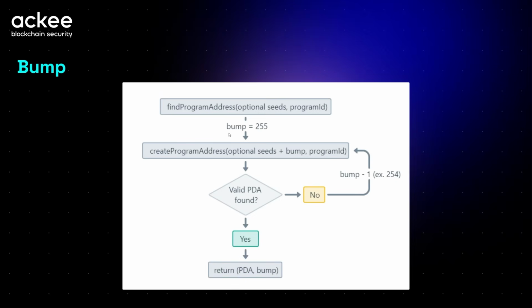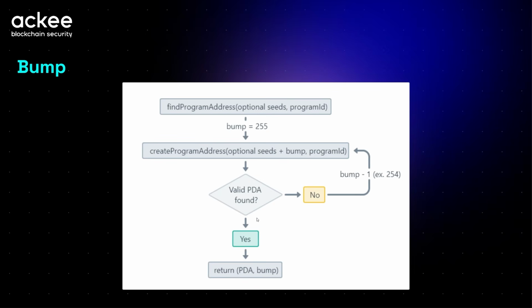Then you have the bump, which starts from 255, and you take this bump and call the second function, create program address, which uses the optional seeds with the bump and also the program ID. This create program address uses the seeds, the program ID, and the bump, and creates the address from these values.